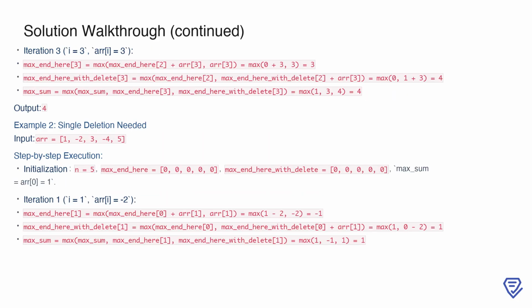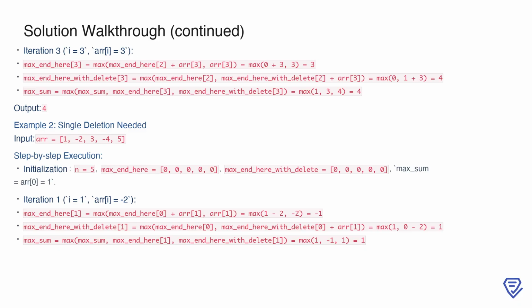At i equals 3, when the array element is 3, we calculate max_end_here[3]. Adding max_end_here[2] to arr[3] gives us 3, which is greater than arr[3] alone. Similarly, max_end_here_with_delete[3] is calculated by taking the maximum of max_end_here[2] and max_end_here_with_delete[2] plus arr[3], resulting in 4.